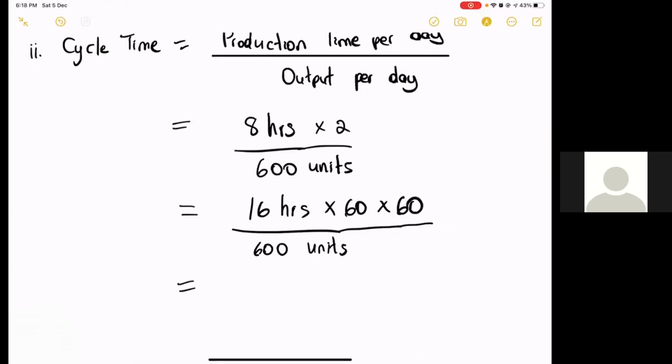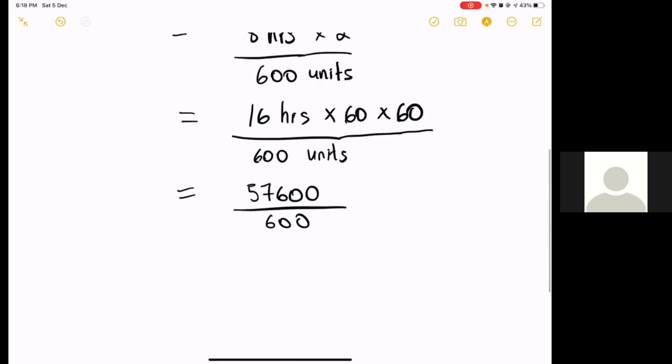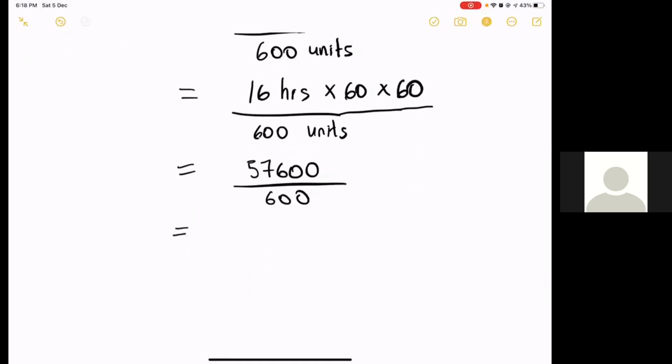So for our numerator, we have 57,600 divided by 600. Of course, this is in seconds. So 57,600 divided by 600, and we get 96 seconds.